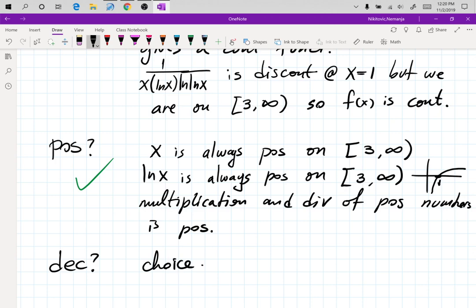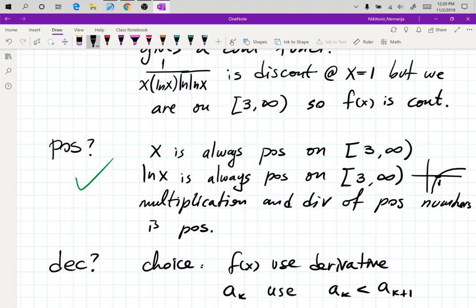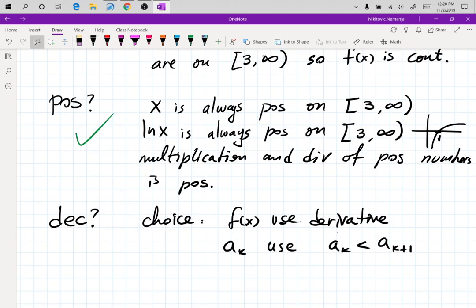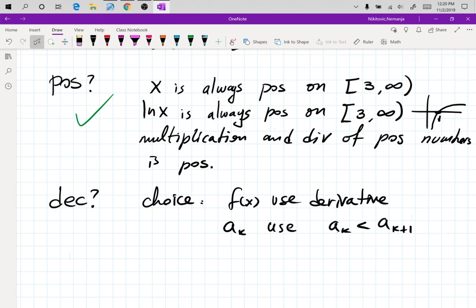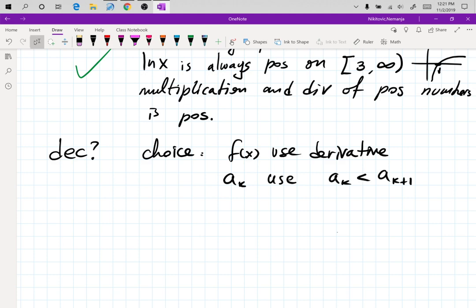Pick your poison. f of x, use derivative. a_k, use a_k must be smaller than a_k plus 1. I don't care, right? Now, since we already used the derivative before, I want to use the a_k, right? So my a_k is equal to 1 over k ln k ln of k.